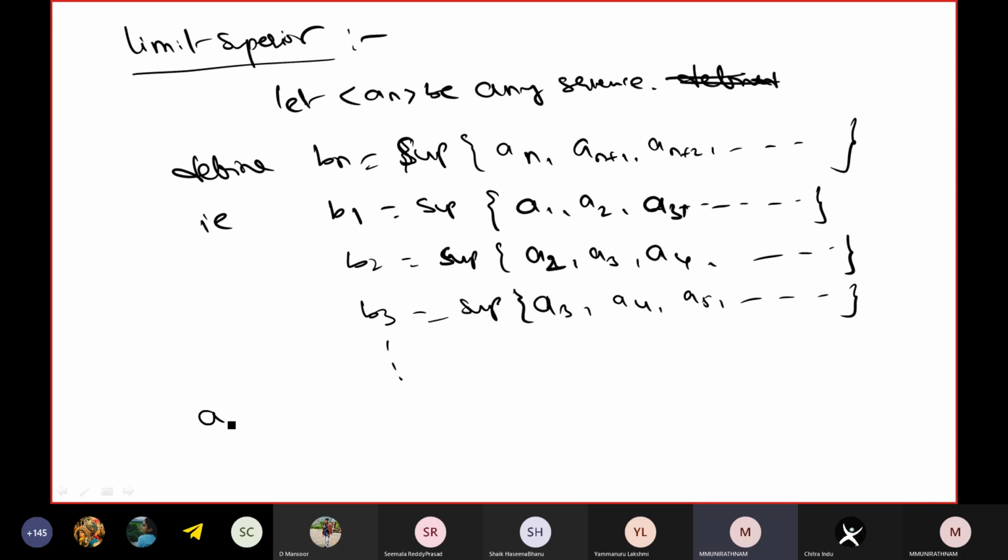And here, clearly, B1 is greater than or equal to B2, which is greater than or equal to B3, and so on. That means that B_n is monotonically decreasing.